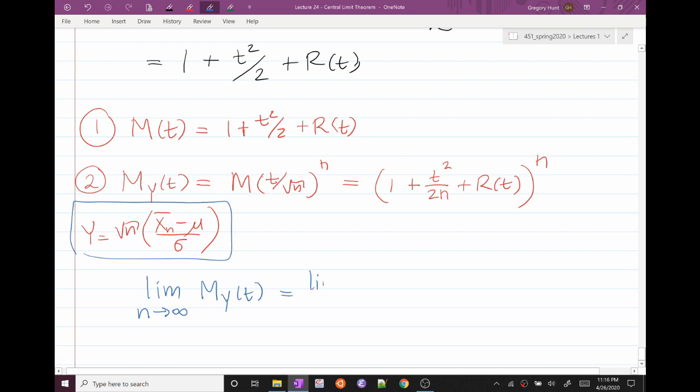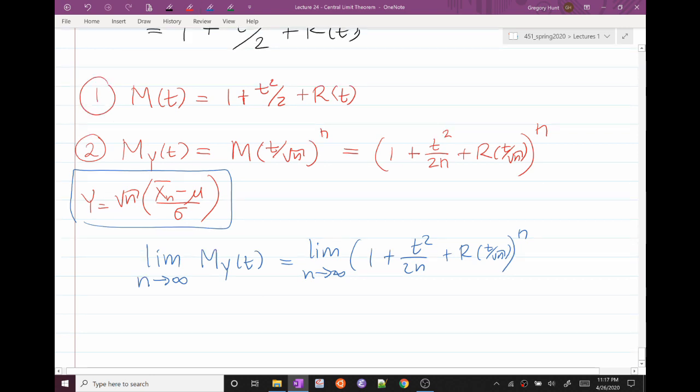That is the limit as n goes to infinity of 1 plus t squared over 2n plus, oops, this should not be r of t, right? This should be r of t over root n, because we plugged in t over root n. So we have to be careful here: r of t over root n. And all of this to the nth power.